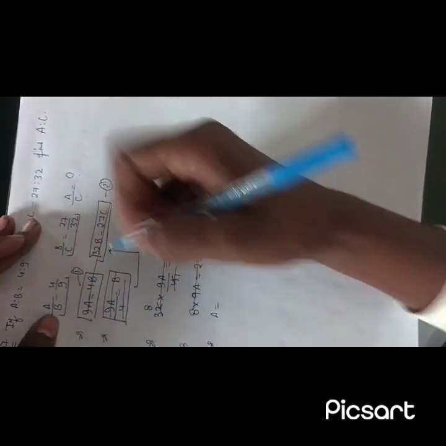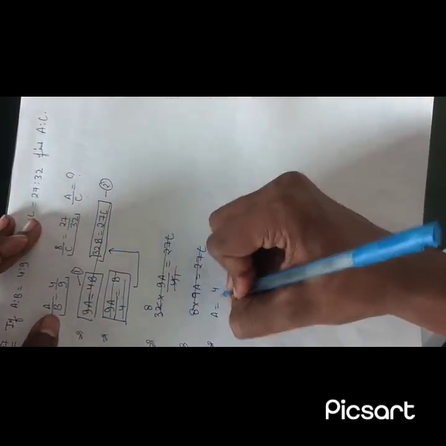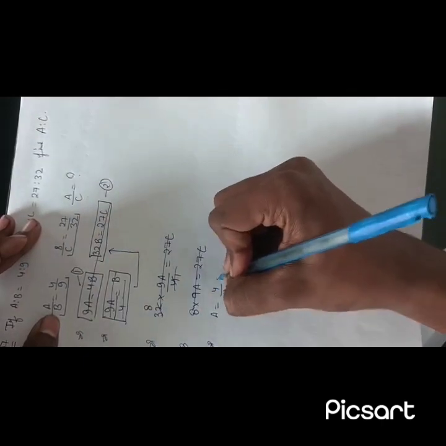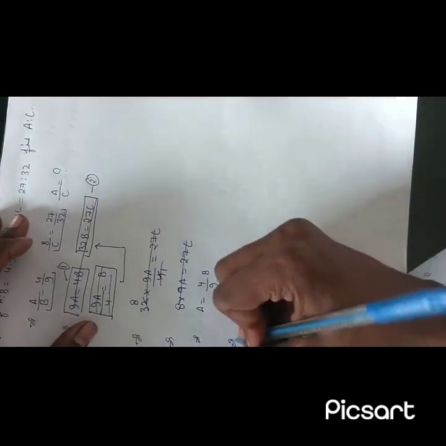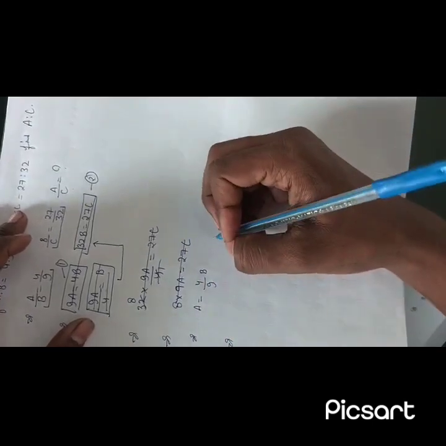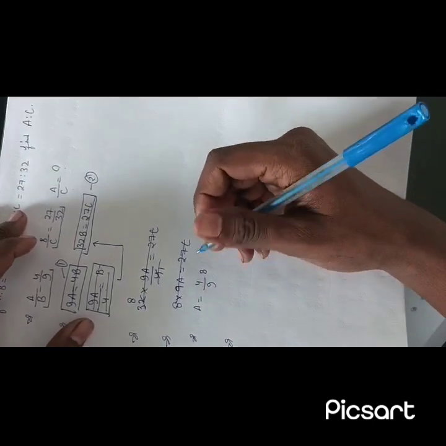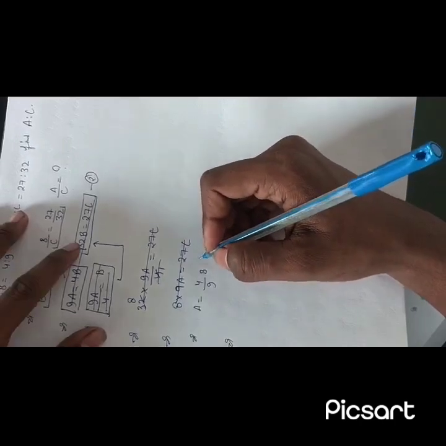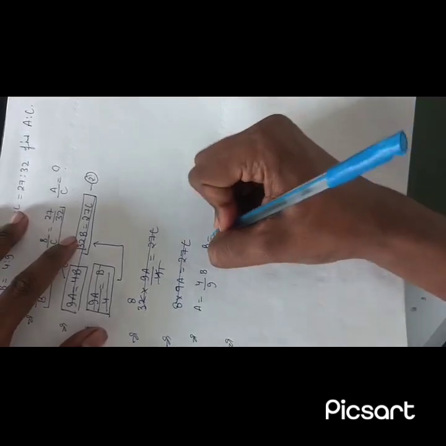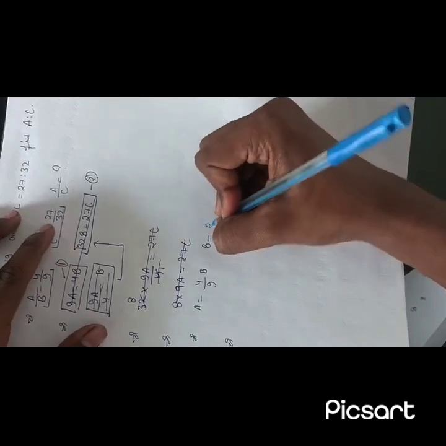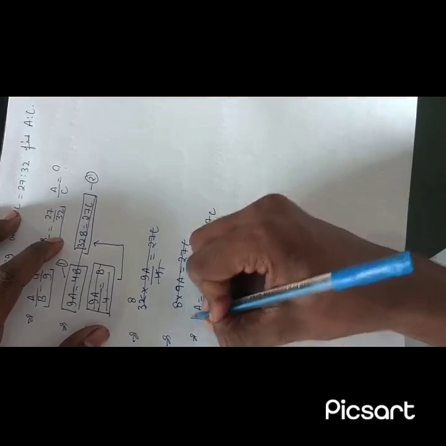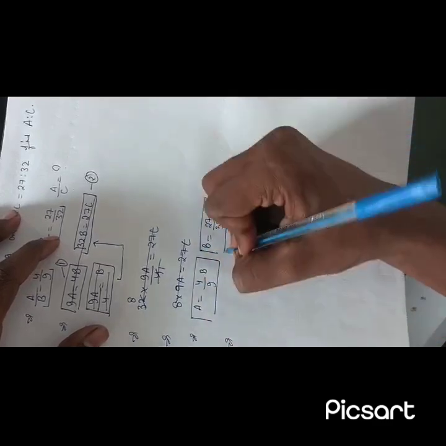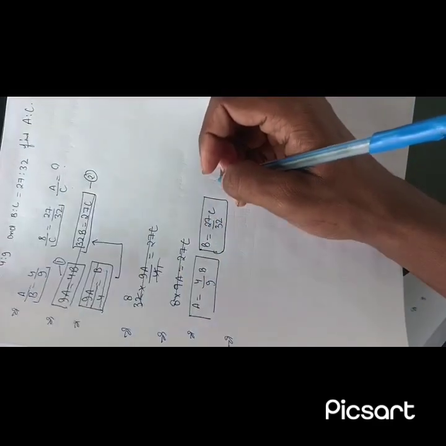From here we see a can be written as 4 upon 9 b. And from the second ratio we can get b is equal to 27 upon 32 c. Okay, this is your equation. Those two equations were wrong, so sorry for that.